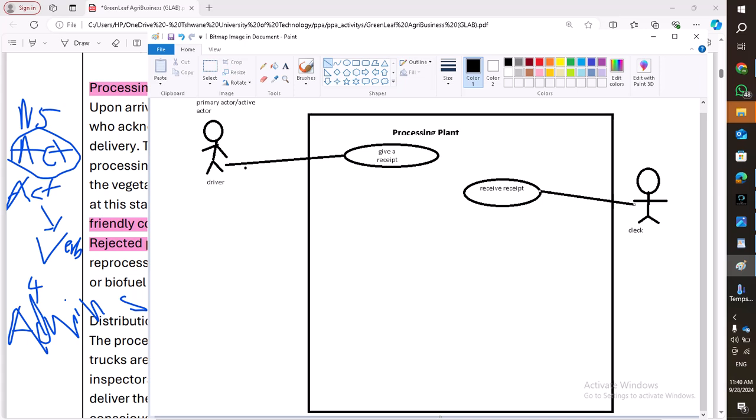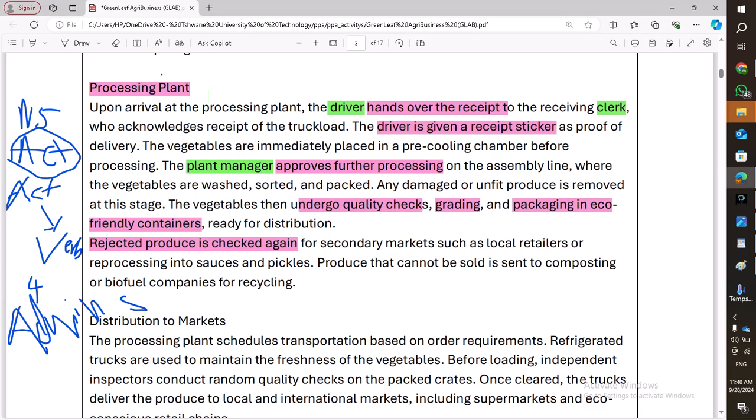After receiving the receipts, the clerk tool will automatically give the driver a receipt sticker.